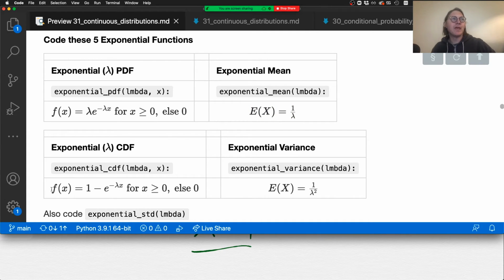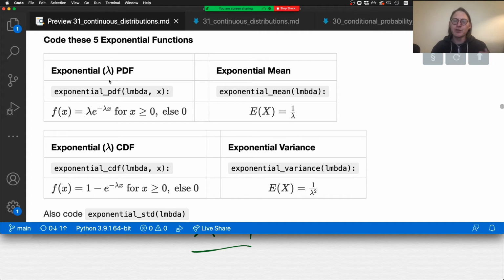And then there's a CDF here. This is a really convenient closed form CDF. The exponential CDF is really friendly for being a continuous distribution.